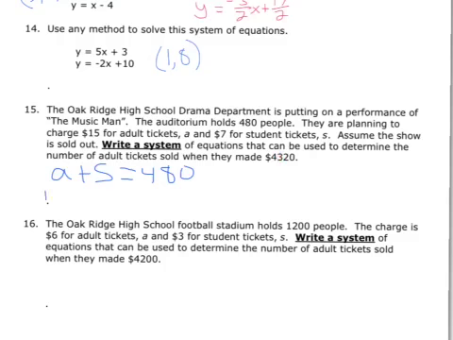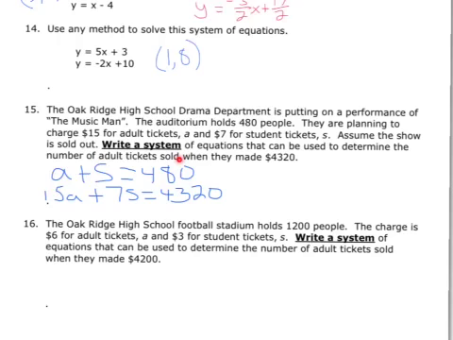So we have 15A plus 7S equals 4,320. Okay, so we're looking at number of tickets plus number of tickets equals total number of tickets, and the value of the adult tickets plus the value of the student tickets that were sold equaled 4,320. So we have money, money, money, ticket, ticket, ticket.